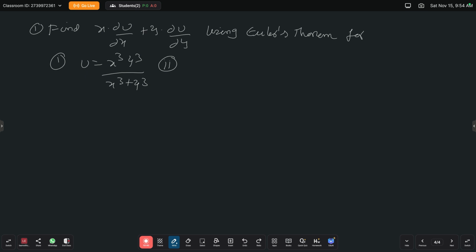Now the second one, u is equal to x square plus y square by root x plus root y. And the third one, u is equal to y by x. So find x into dou u by dou x plus y into dou u by dou y using Euler's theorem.